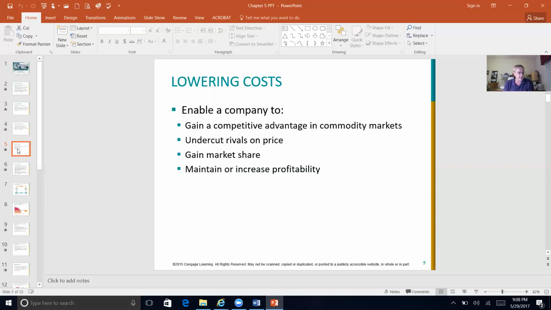And then hopefully they create brand loyalty and customer loyalty where customers would stay with them, or they differentiate the product so that the customers stay. And by gaining market share, hopefully that will increase profitability, as we've already discussed. But as we indicated earlier, being a low-cost player in an industry can be an advantageous position.